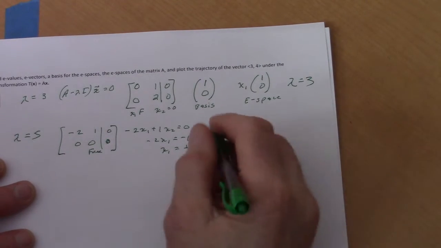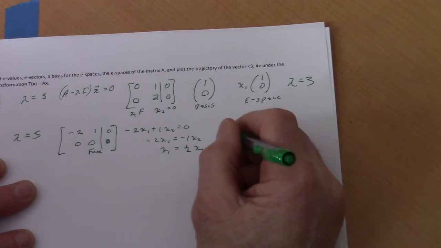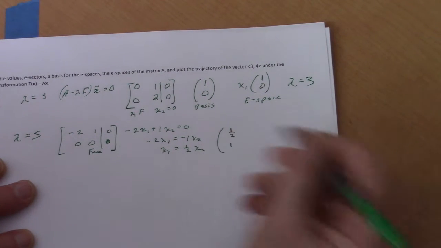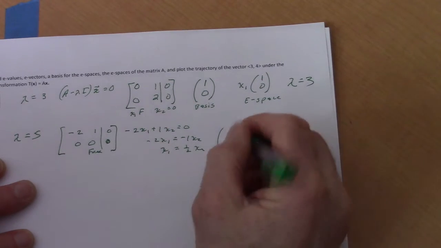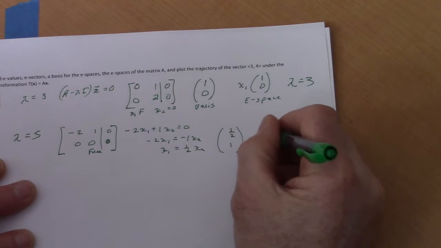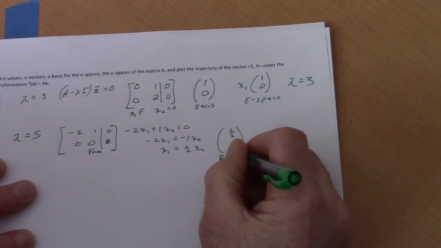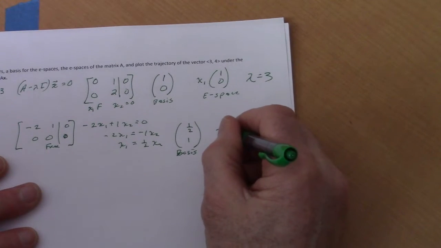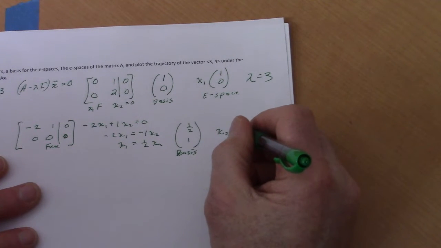So that gives us a basis vector of x sub 1 is half of x sub 2. That's a half there, and 1 for x sub 2 because it's the free variable. And the whole space would be, this again is our basis vector, and this eigenspace is x sub 2 times (1/2, 1).